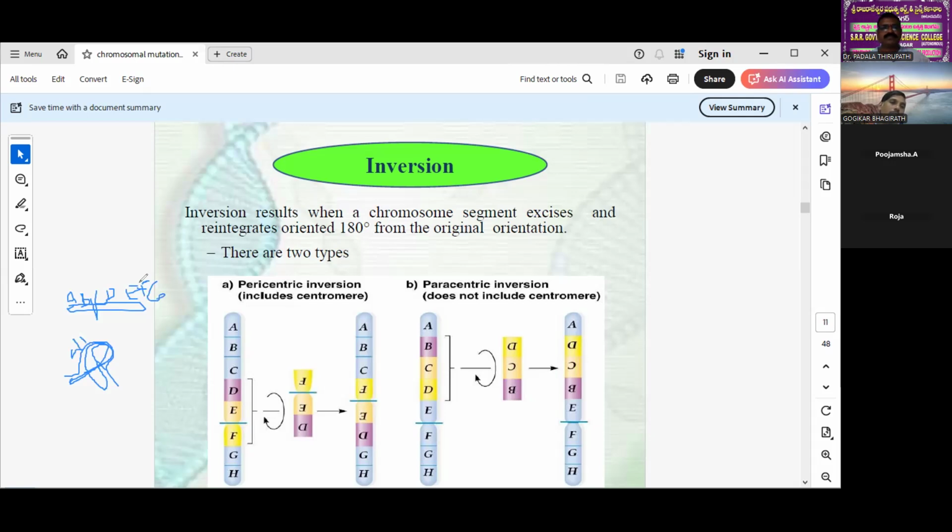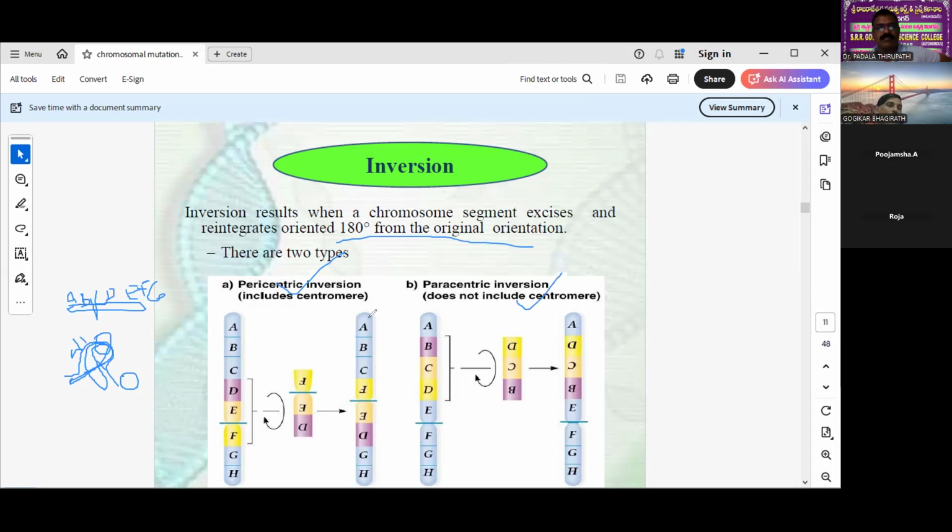So because that will rotate by how many degrees? 180 degrees from the original orientation. If the inverted segment contains the centromere, we can call it pericentric. If the centromere is not present in the inverted segment, it is outside, that is called paracentric.